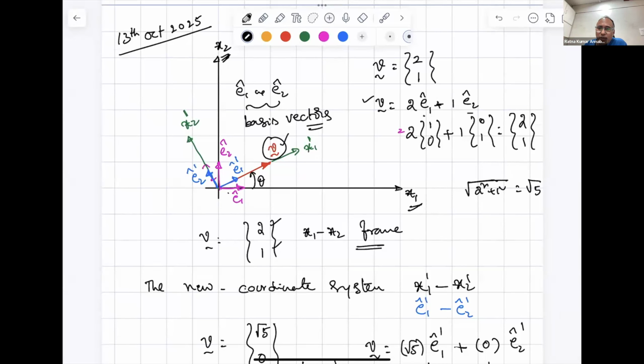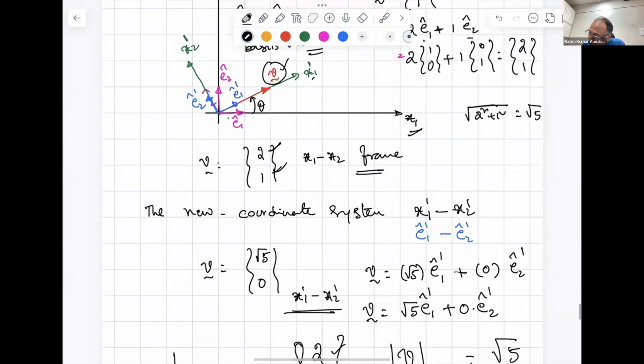The point that I'm trying to make is, if it is x1, x2, you have these two numbers. If it is x1 dash, x2 dash, then this is root 5, 0. If you have chosen some other coordinate system, for example x1 double dash, x2 double dash, then again you will have a different value.